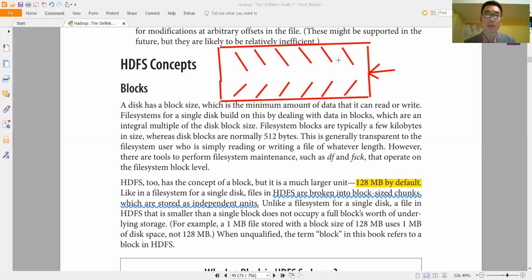In this case, I have 10 parking spaces. So if the whole parking space is one unit, then I split it into 10 smaller units. Each of these units, I can call a block.